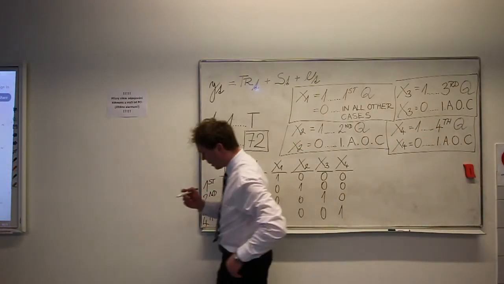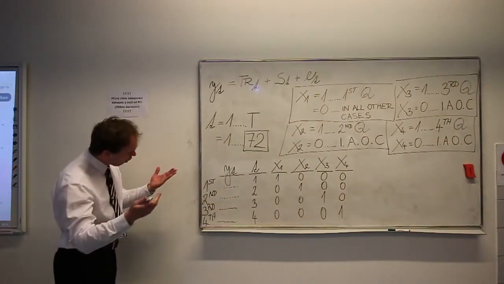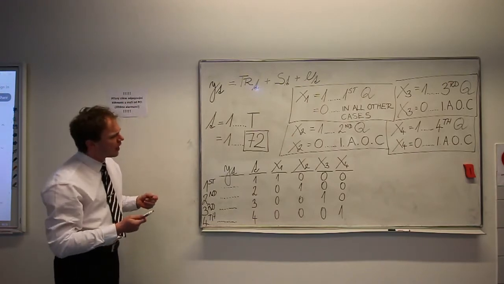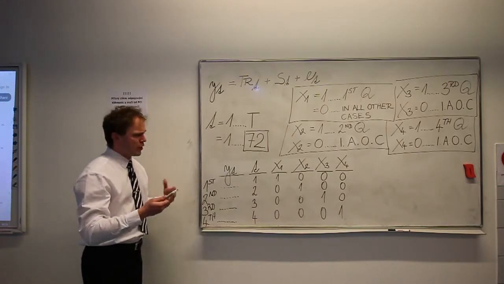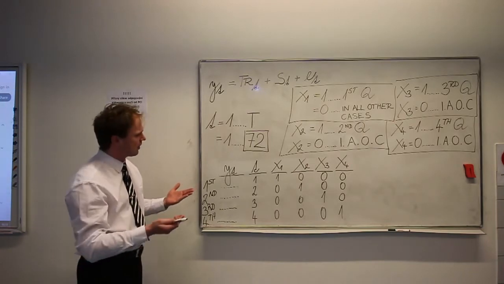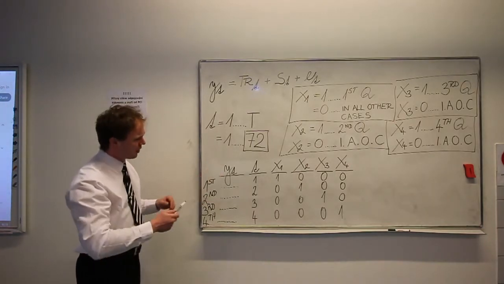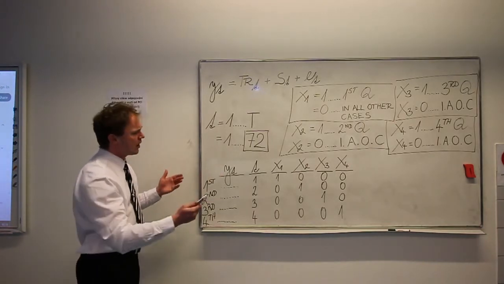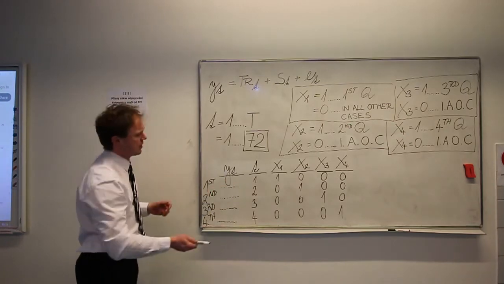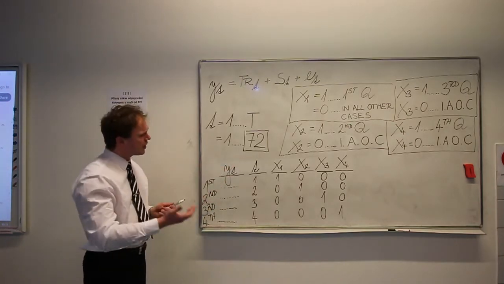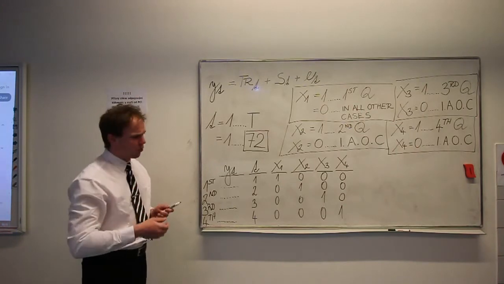Okay, maybe Mr. Hellman talked about the issue of perfect linear correlation, perfect linear dependence in this structure of regressors.